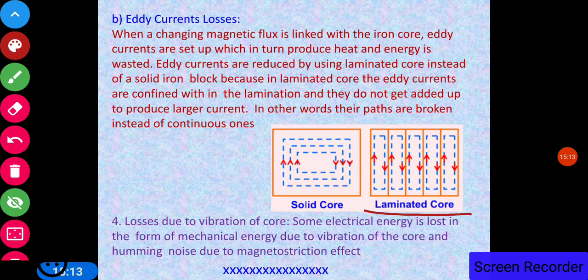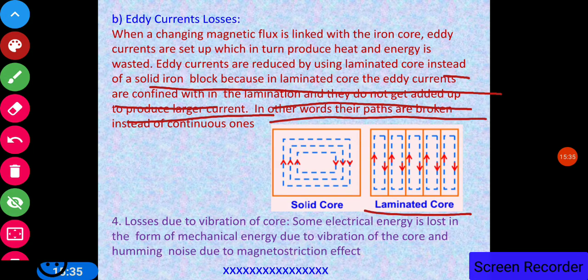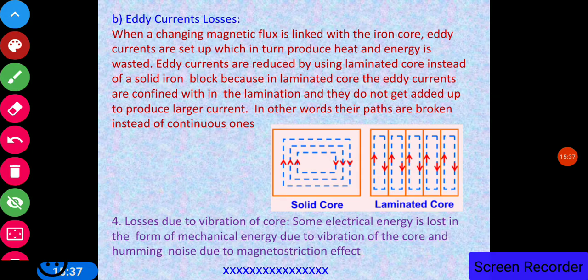Production of eddy currents can be minimized by using a laminated core instead of a solid iron block, because in a laminated core the eddy currents are confined within the laminations and do not add up to give a large current. In other words, the paths are broken instead of continuous.